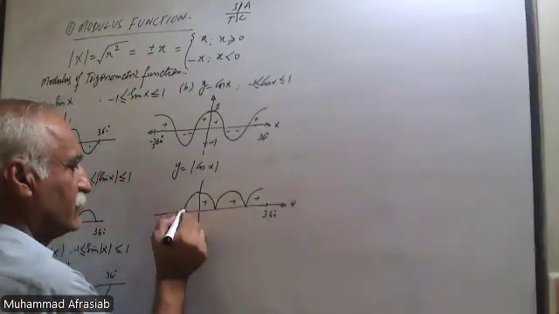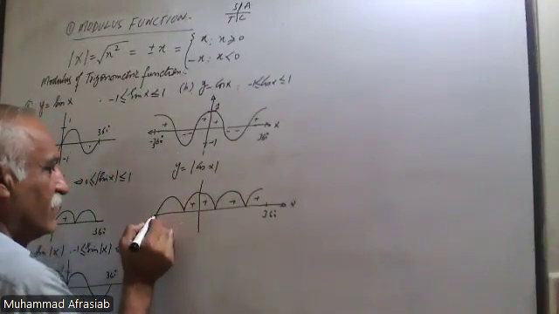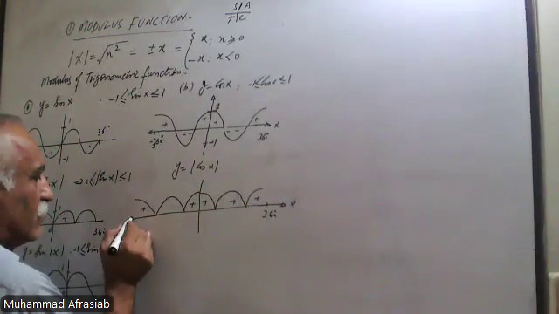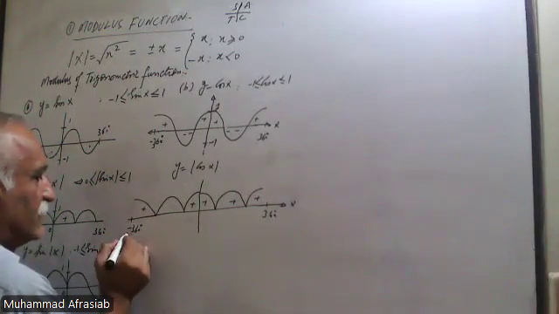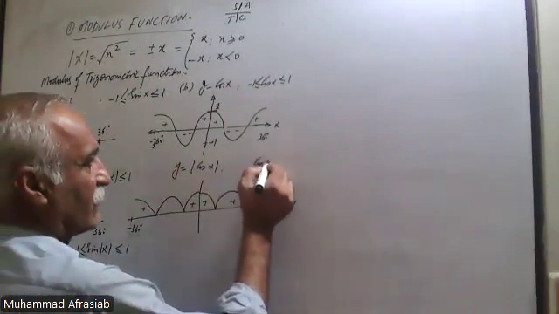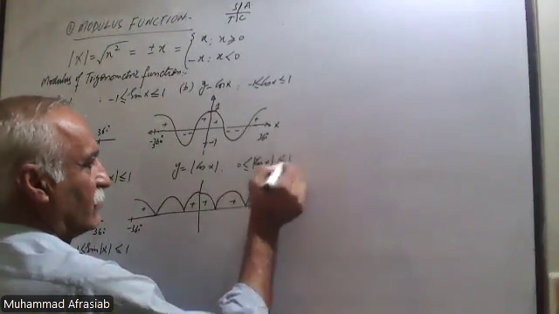For this portion it is positive. Then this negative part will become positive, and this positive stays positive, up till minus 360. From this, the range of cos of x modulus is from 0 till 1.